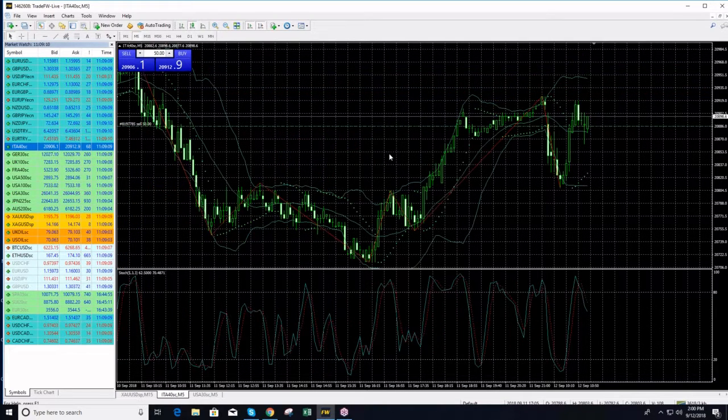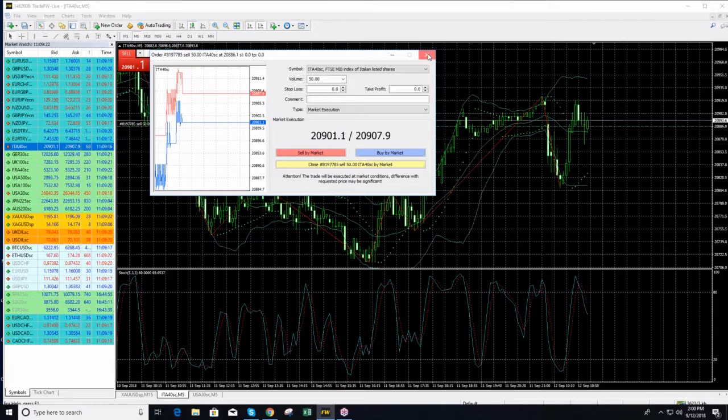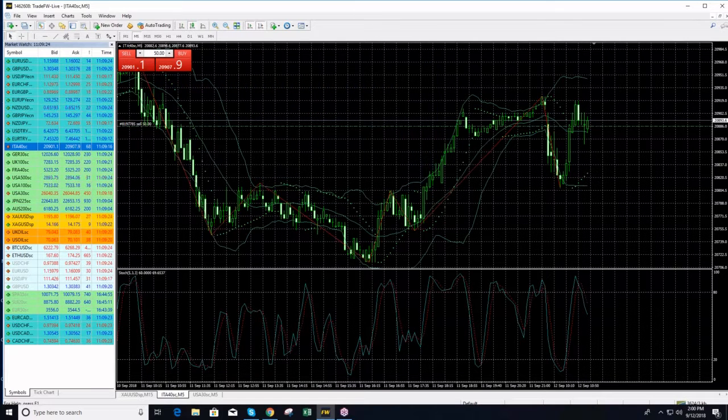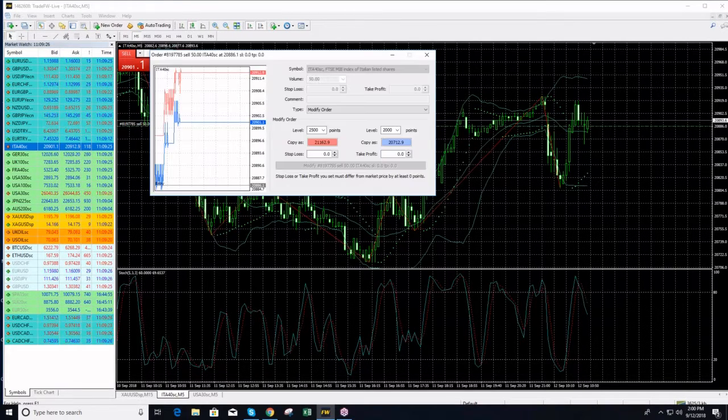So Italy 40. With Italy 40, what we do with Italy 40? Let me see here. With Italy 40, I'm expecting the market to move down.